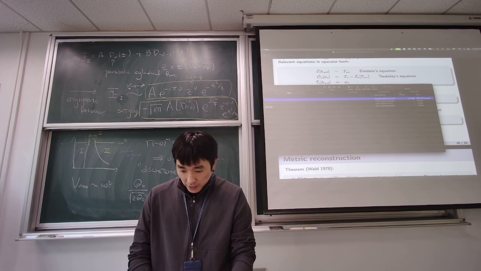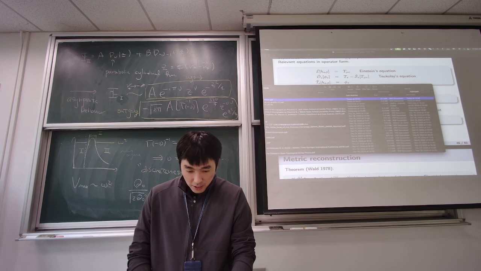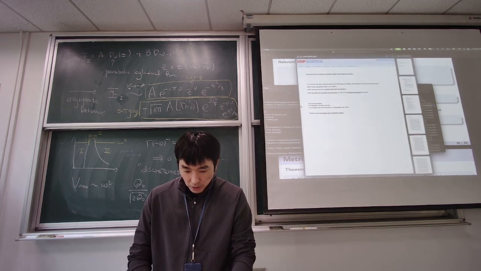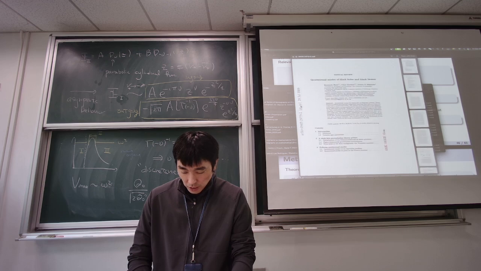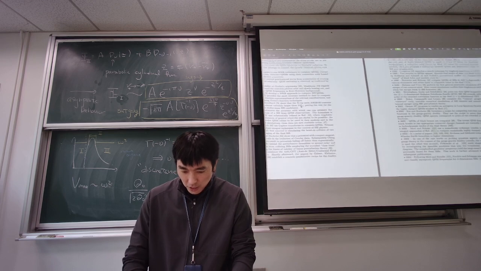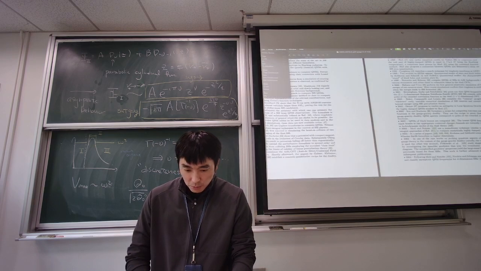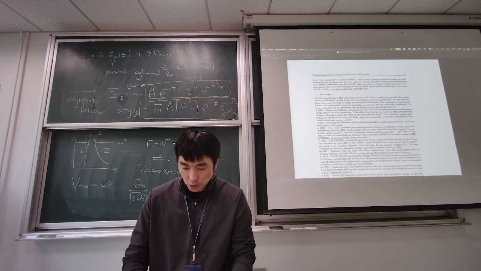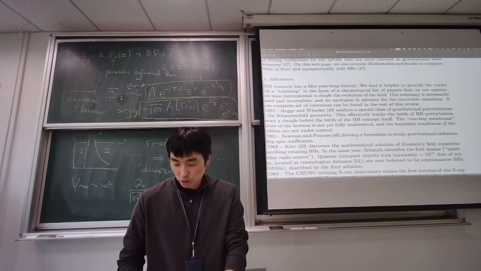Another thing, let's recall some history. The history of this perturbation theory is written here. It's also a good idea to look at how this development occurs for black hole perturbation.